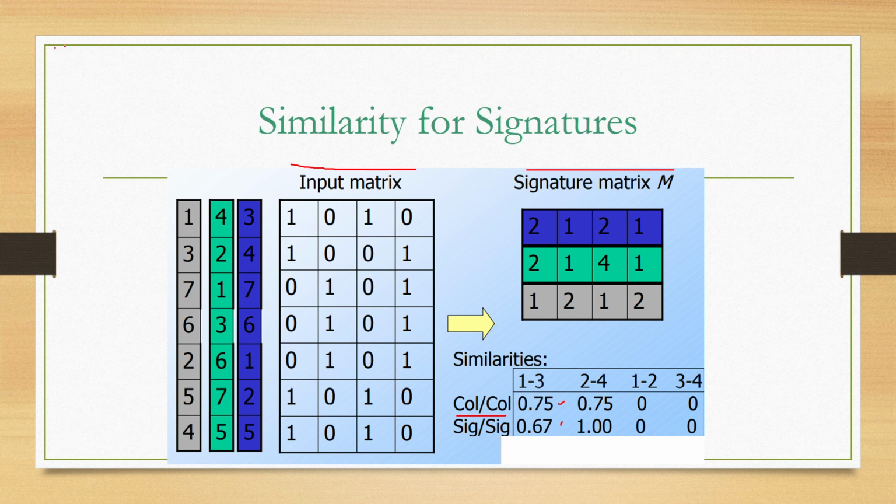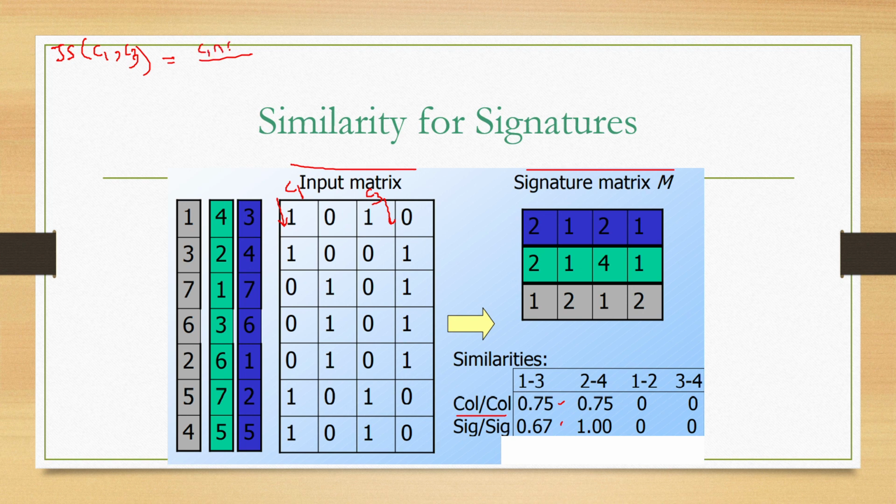So if we are trying to find out the Jaccard similarity of column 1 and say, let us find it for column 3. So this is the first column and this is the third column. So we are having a look at this and this column. So you have to first find out the intersecting values.